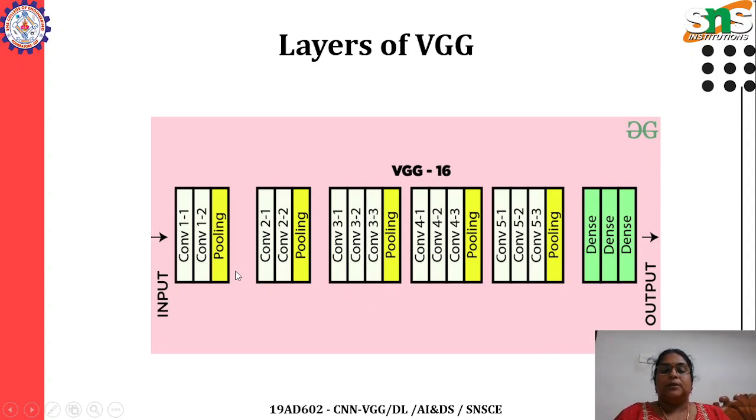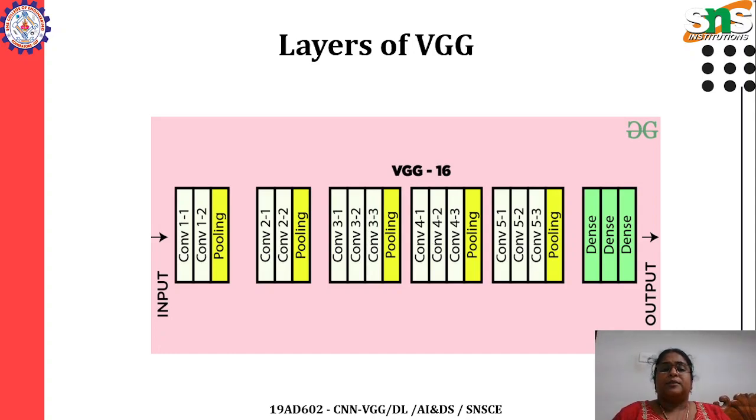Between these input and output, we have convolution layer 1 to 1, convolution layer 2, pooling layer, convolution layer 2 to 2, pooling layer, convolution 3, convolution layer 3, pooling, then convolution layer 4, 5, and the last will be the dense layer. So this is the architecture of VGG 16 version.